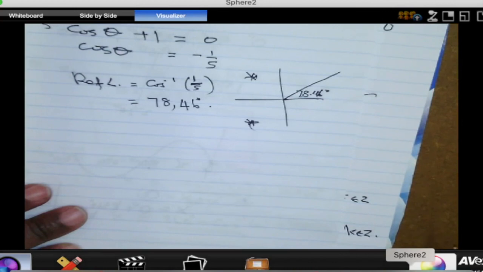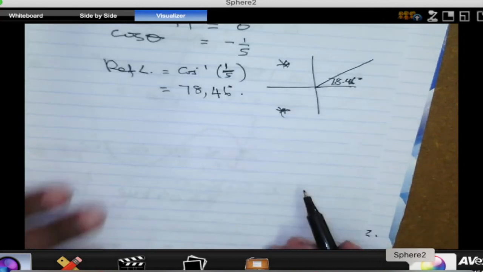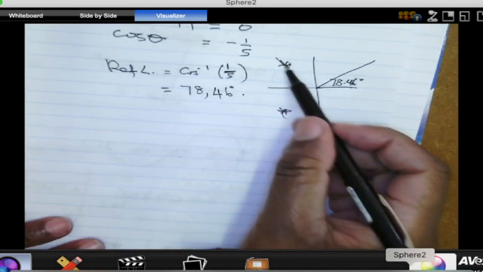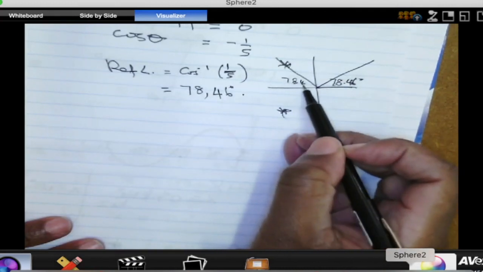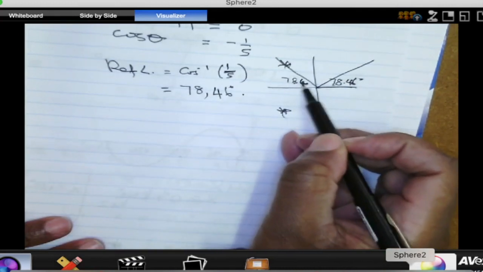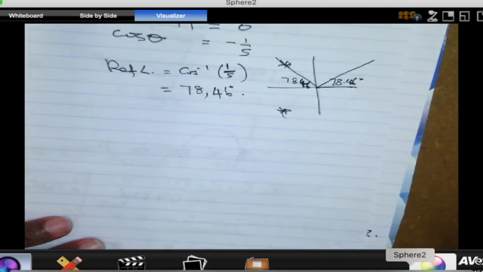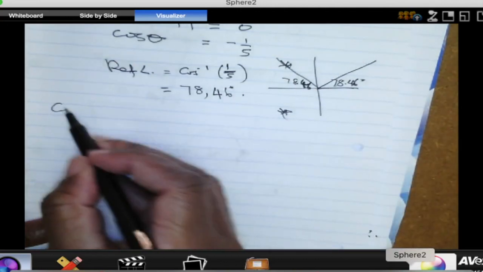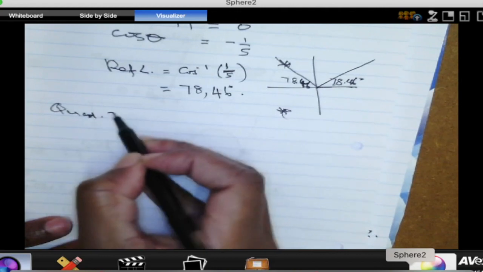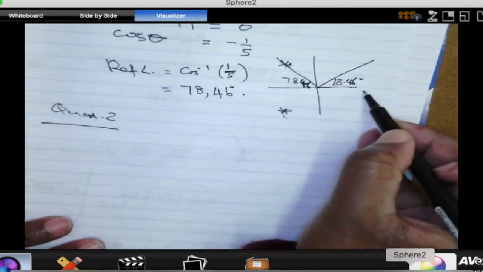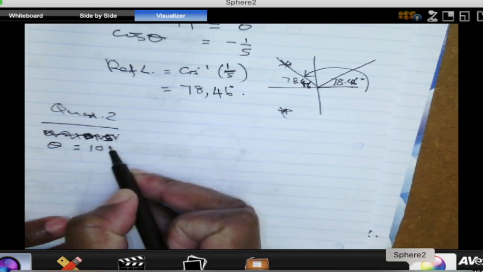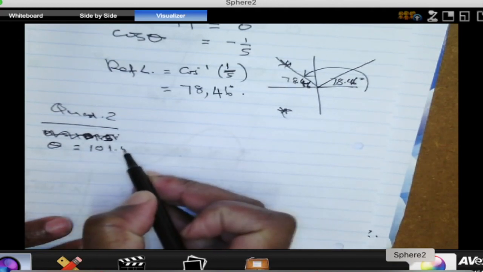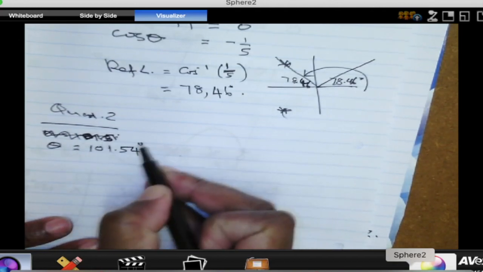Okay. So if we continue using the reference angle method, then this angle here is 78.46. Okay, that is 78.46. So from quadrant 2, give me that angle. 101.54. Okay, right.